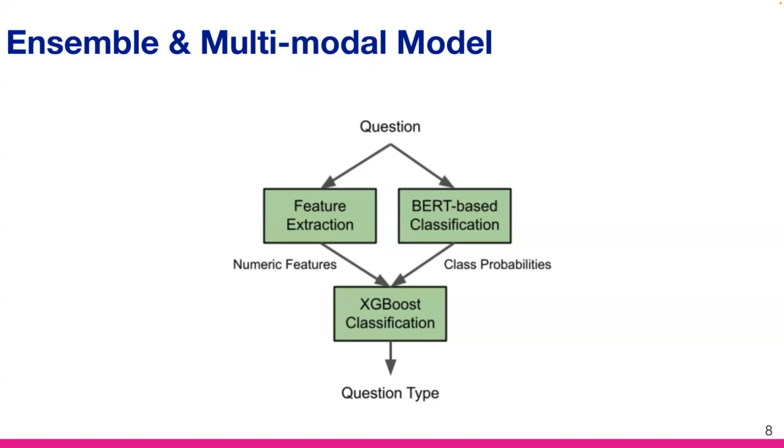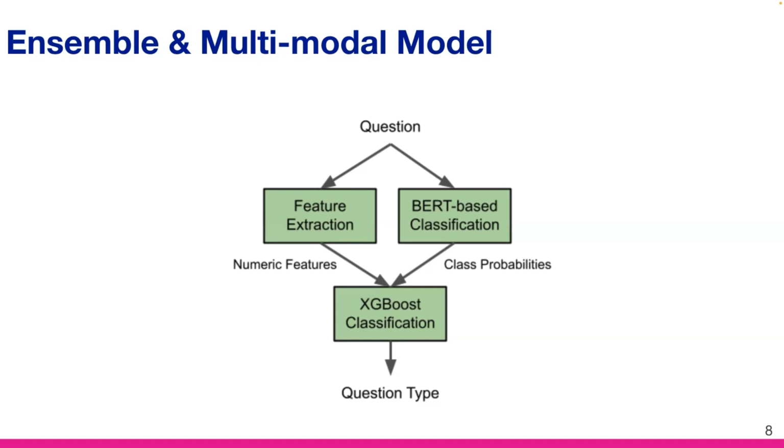The combination of numeric features with the BERT probabilities is fed to an XGBoost classifier, which is a lightweight and fast classifier, to decide the final class of a question text. So this is called an ensemble. It's also called multimodal because we have numeric features, and on the other hand, we have text embeddings.